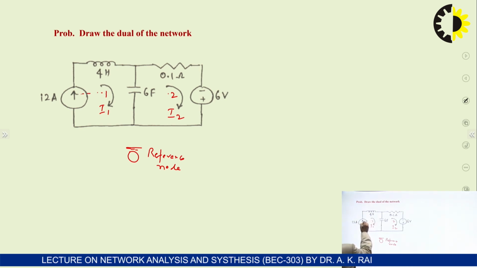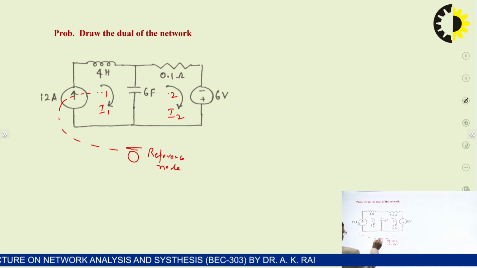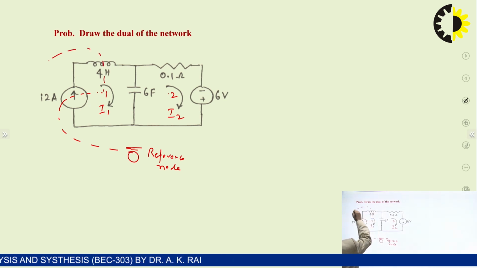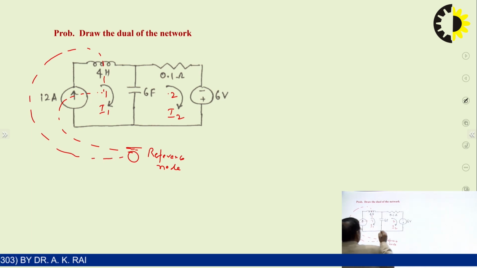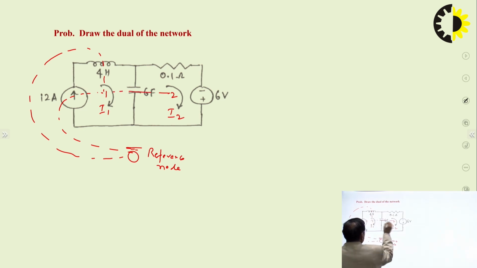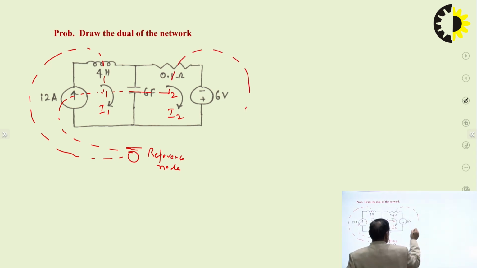This one is from 1 to reference, this 4 Henry inductance is between 1 and reference, and this 6 farad capacitor is in between mesh 1 and mesh 2. So, we just connect mesh 1 and mesh 2 through this 6 farad capacitor.